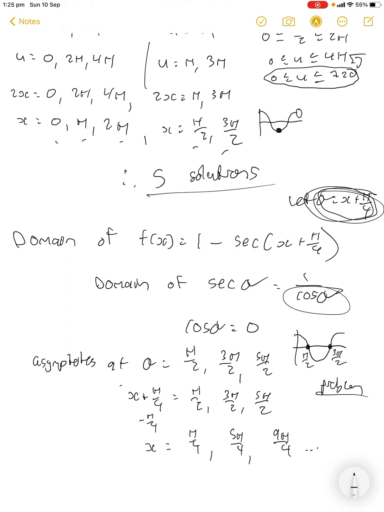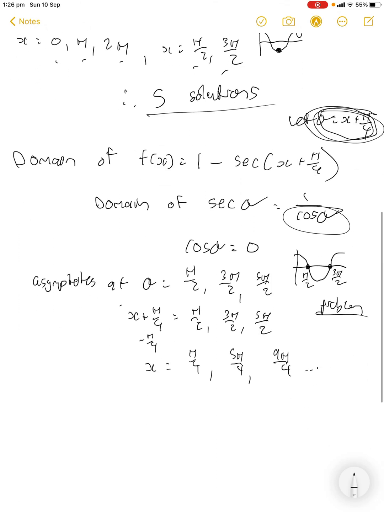What you're essentially going to be doing is you need to put this into a rule for the domain. So what the domain's going to end up being, these are the x values that it can't take. So let's put this into a rule where k is an integer.